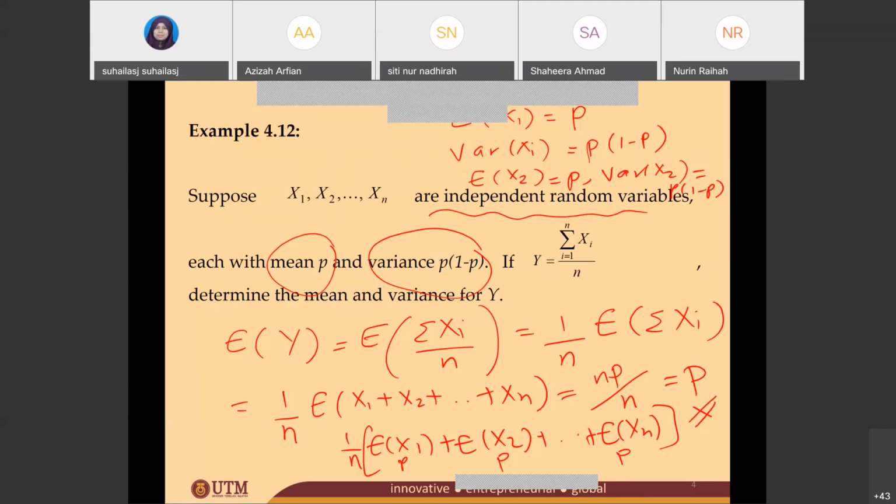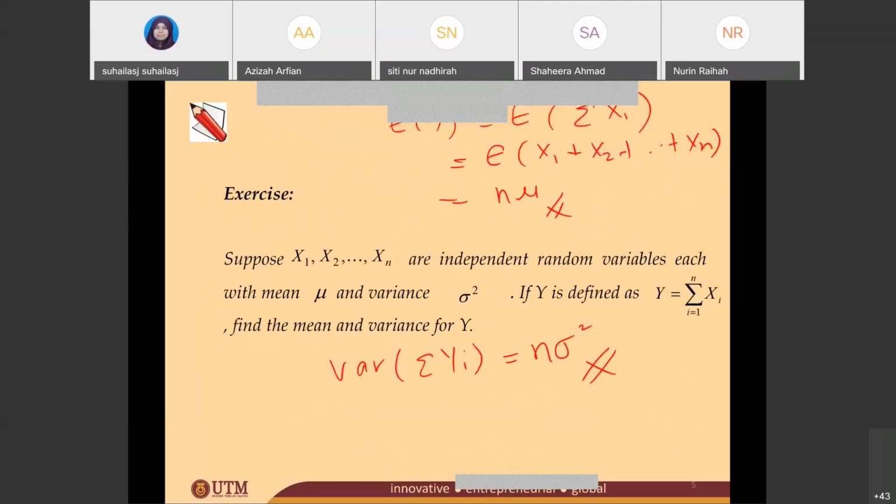So the same thing kan juga kat sini. Yang ni kita ada render taburan normal. Okay, cuma kat sini dia bagi Y equals to summation Xi lah. So variance summation Xi. So that means X1, X2, Xn.